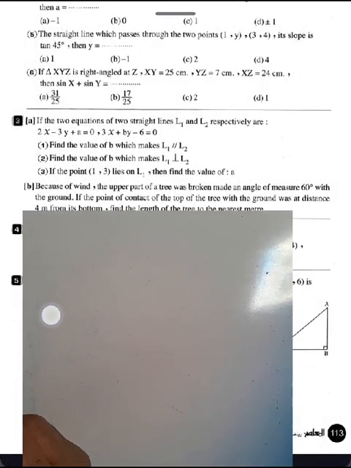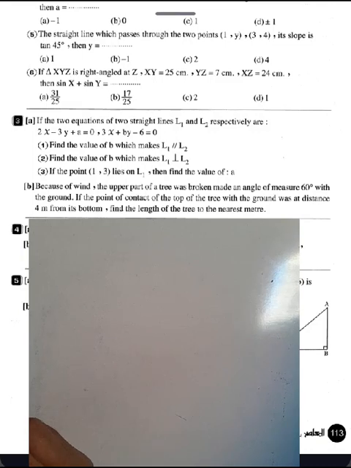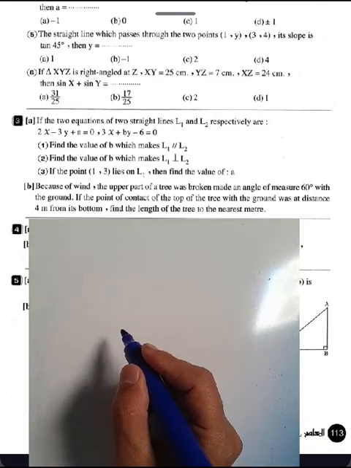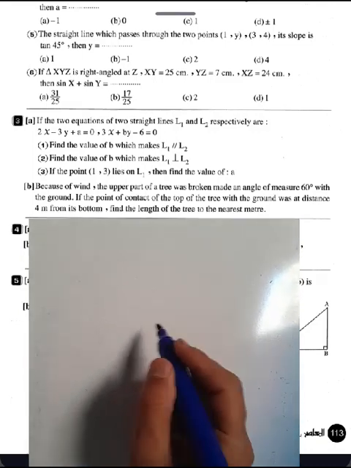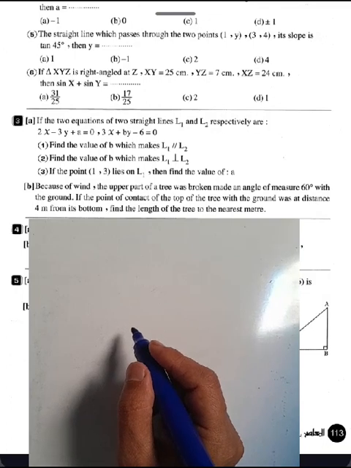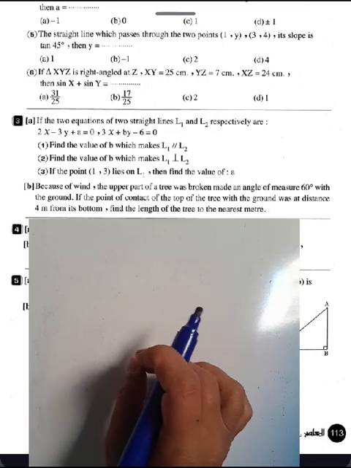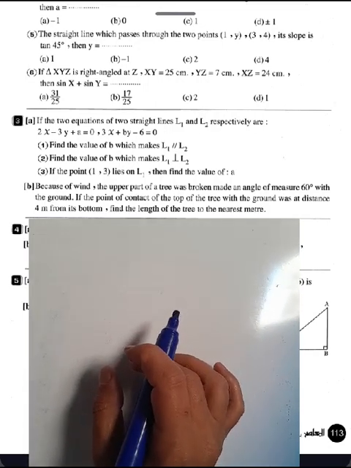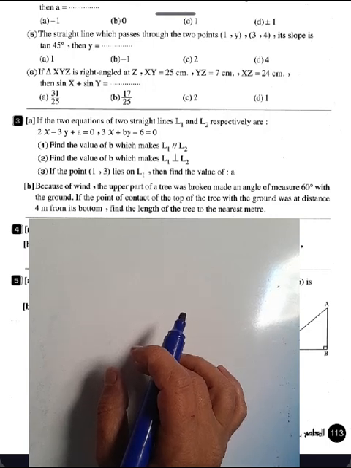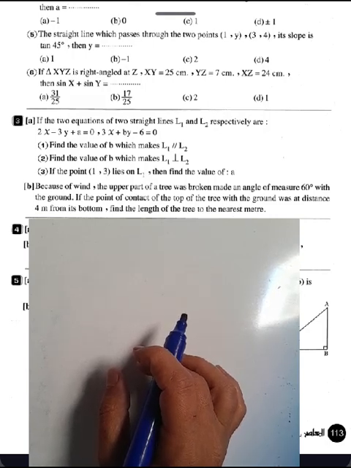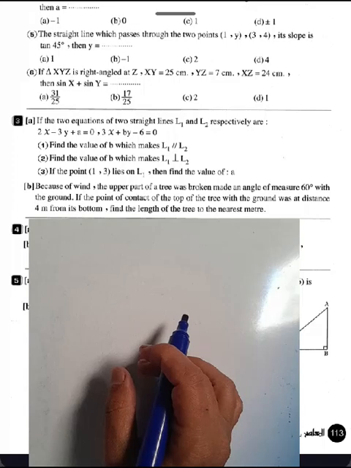Question B. Because of wind, the upper part of a tree was broken at an angle of measure 60 degrees with the ground. If the point of contact of the top of the tree with the ground is at a distance of 4 meters from its bottom, find the length of the tree to the nearest meter.